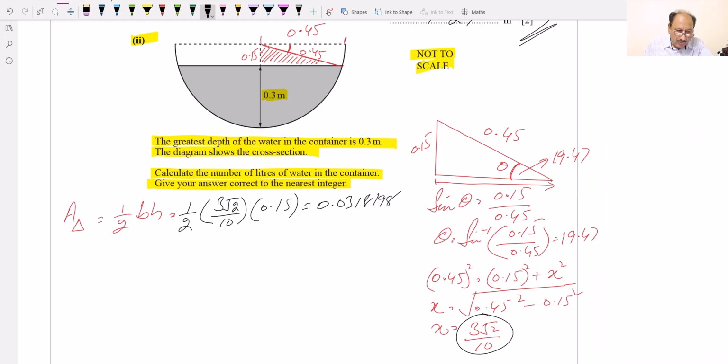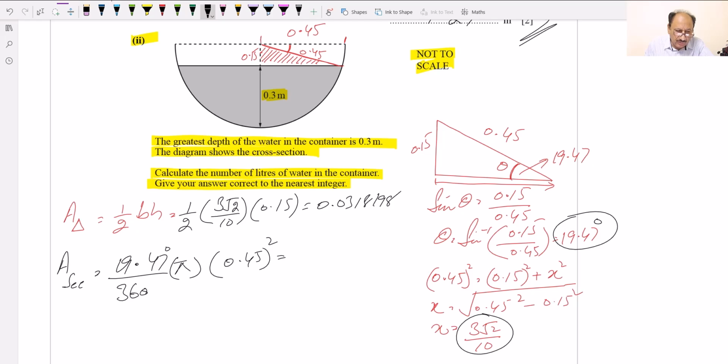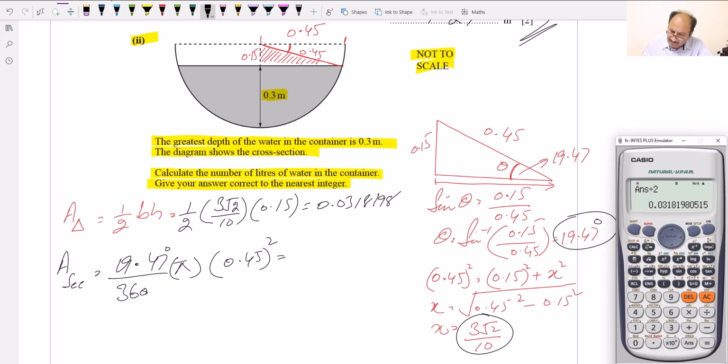Now after this we can find the sector area, so area of sector will be equal to theta over 360, and theta is the same, this one is the theta, so 19.47. I explained to you why we are taking this theta. So theta over 360 into pi r square, and r is 0.45, so 0.45 squared, and this will be our sector area.